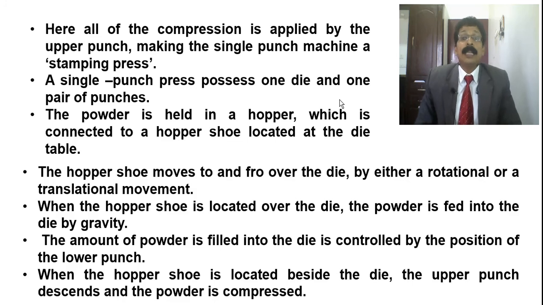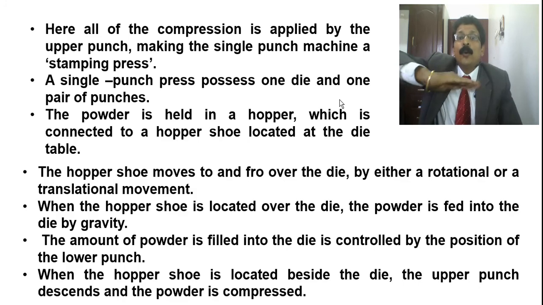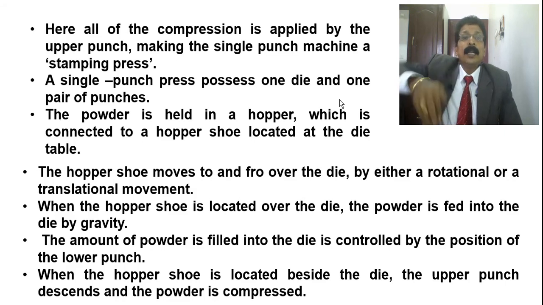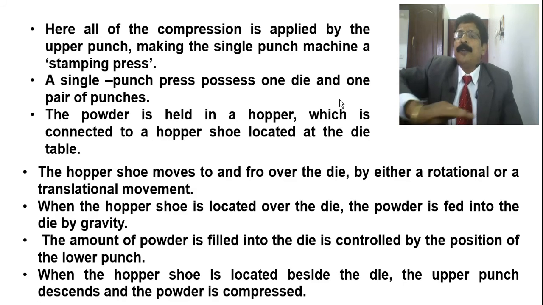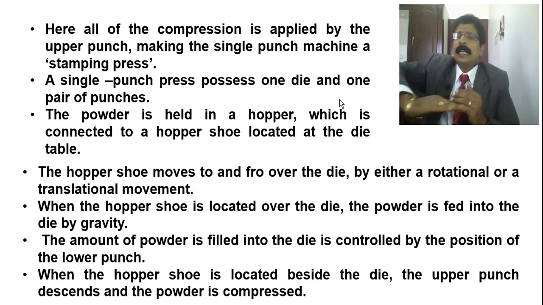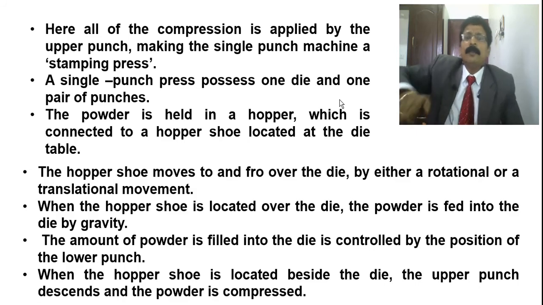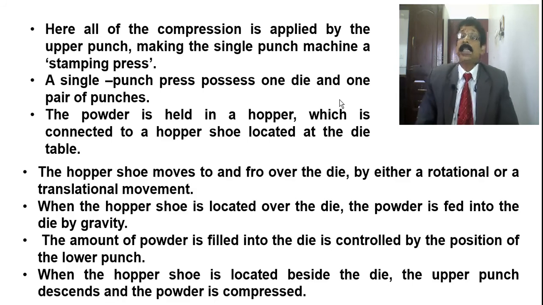So the hopper shoe is located at the die table, and the hopper shoe moves to and fro over the die, see my hand, either in a rotational or in a transitional movement. Anyhow, alternately fill and compression will finish, ejection, and then again fill and then move. Like that, there will be an option of filling, and the continuous process will be there in a single compression machine. That's what you have to remember.